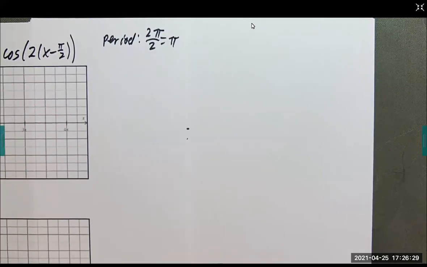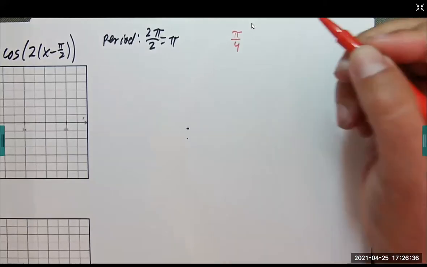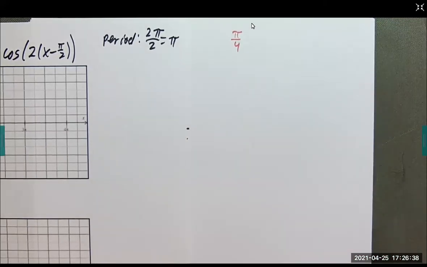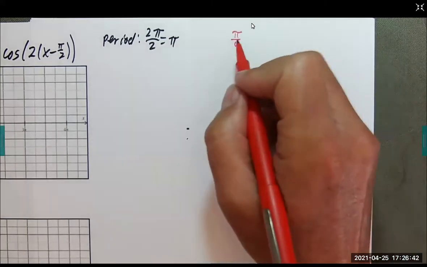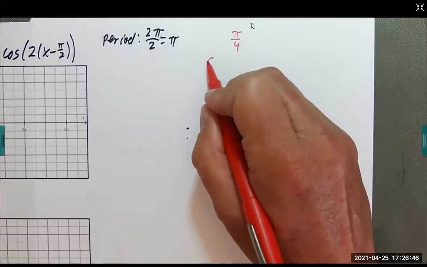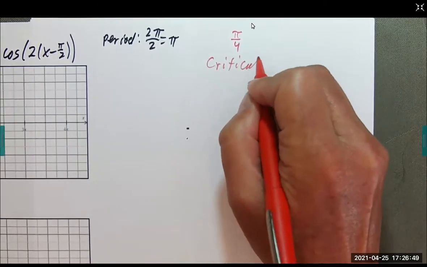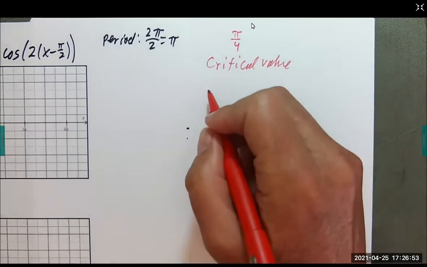And the way I'm going to do that is, if you remember, we take the period pi and we always divide it by 4. So pi over 4 is going to be for our critical values, and they're going to be spaced pi over 4 apart. So our first critical value, without the phase shift, we'll come back to the phase shift here in a second, is 0.